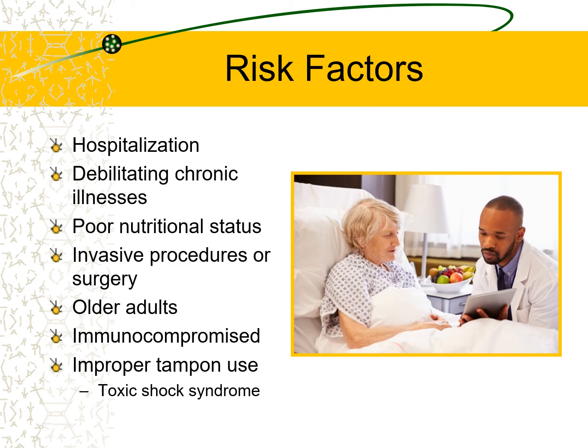Risk factors for septic shock include hospitalization, debilitating chronic illnesses, poor nutritional status, invasive procedures or surgery, older adults, immunocompromised patients, and then we also had, especially more in the past, improper tampon use, which has led to toxic shock syndrome, which is a type of septic shock.